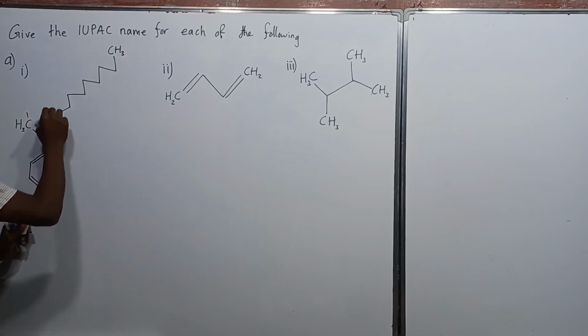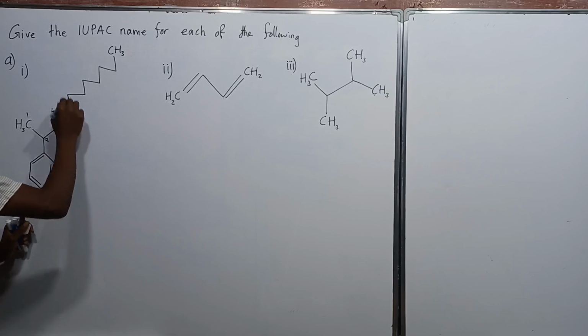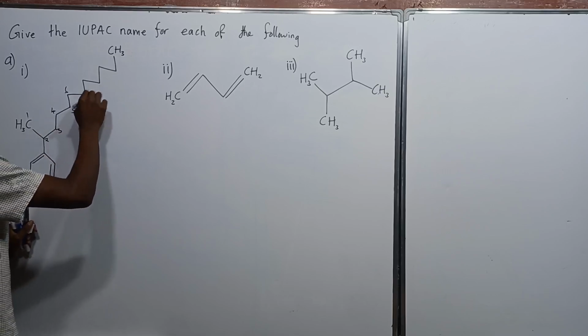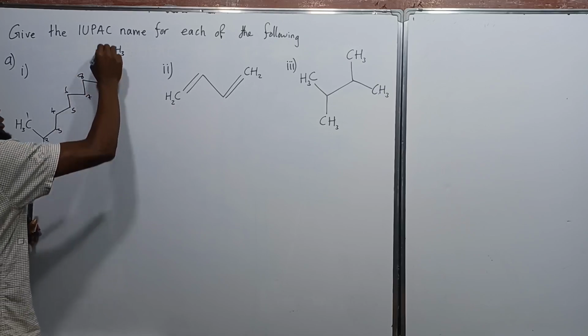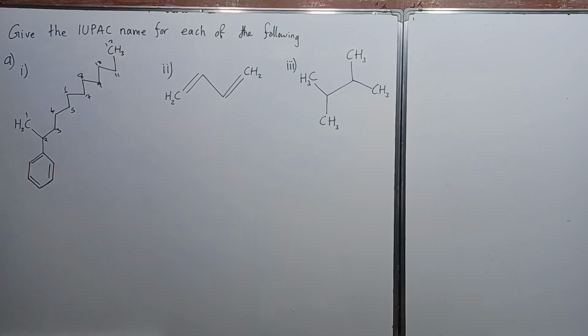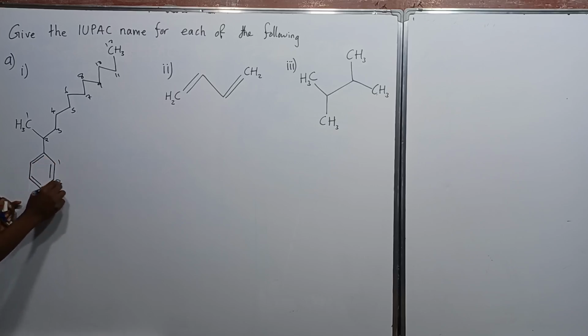This is going to be carbon number 3, 4, 5, 6, 7, 8, 9, 10, 11. We have a total of 12 carbons in this aliphatic chain. The benzene ring only consists of 6 carbons.